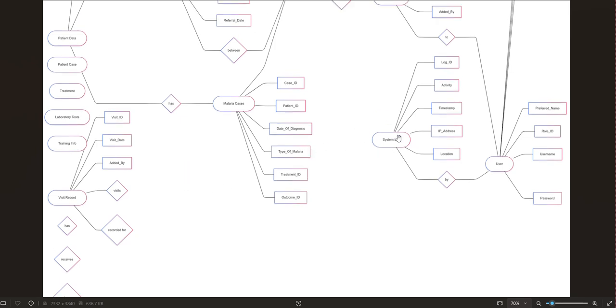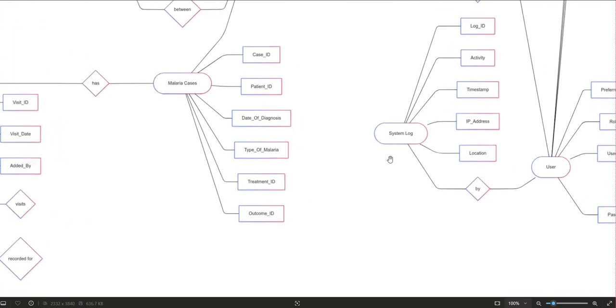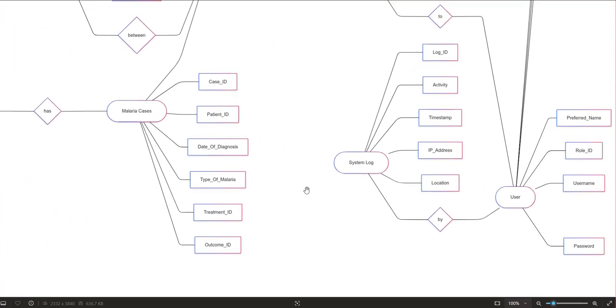There was also the system log, which I also talked about. The system log is useful in case an audit needs to be done about who did what in the system or in the health facility, because it is attached to users. Every time a user performs an action, it will create a system log in the system.